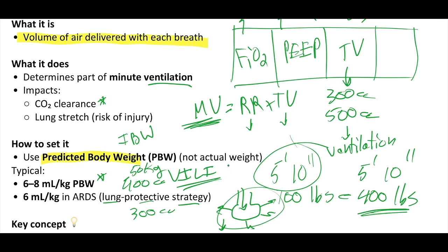Someone who's a more kind of regular size is about 70 kilograms. So you could see 6 times that would be 420 cc's of tidal volume per breath. A lot of times you'll see respiratory therapy, if you have them, will just kind of set the tidal volume at about 450, which works for most people unless they're on the higher or low end of the height spectrum, like less than 5 feet or greater than 6 feet.